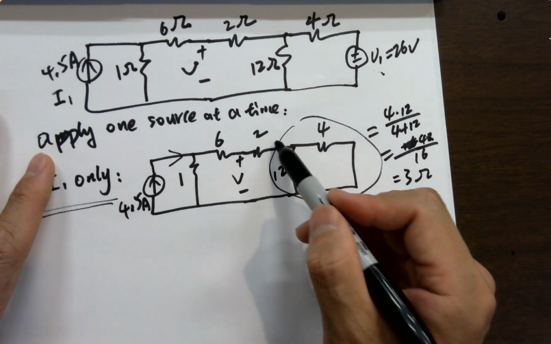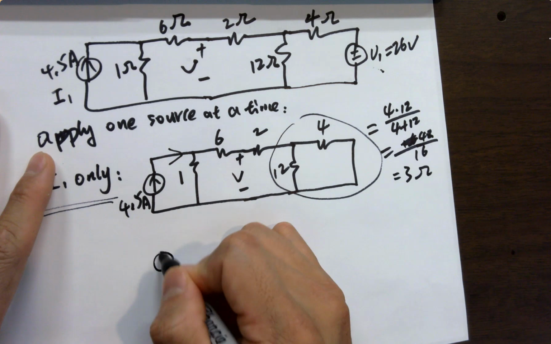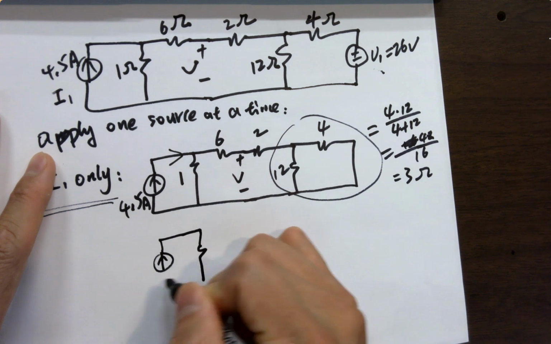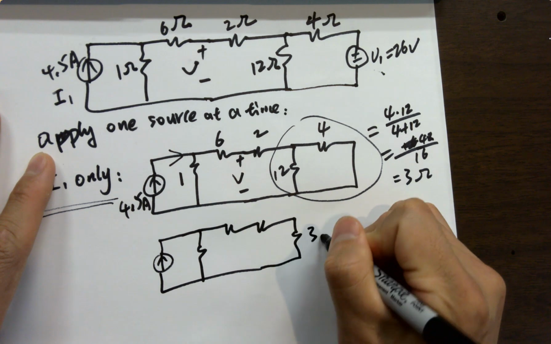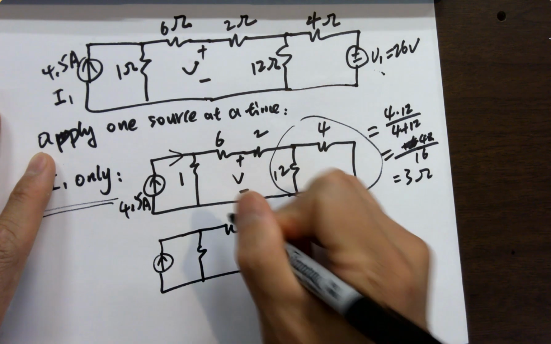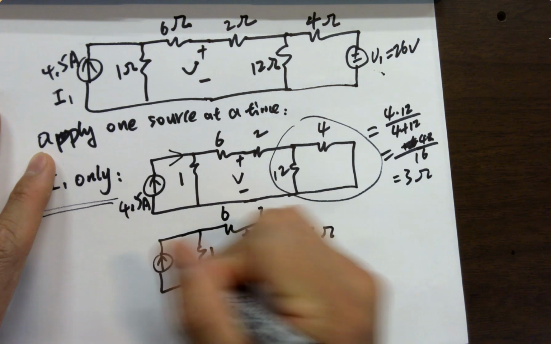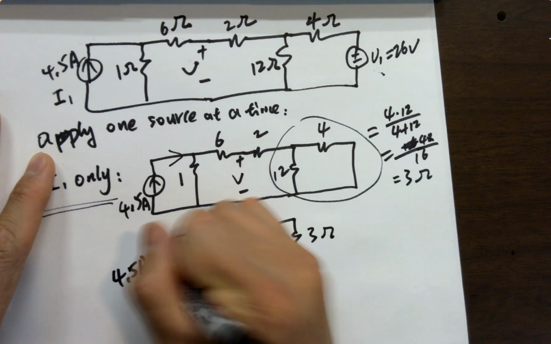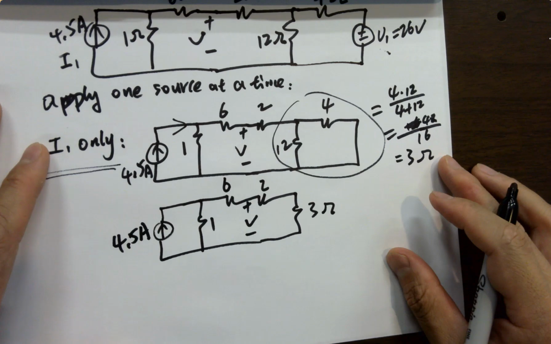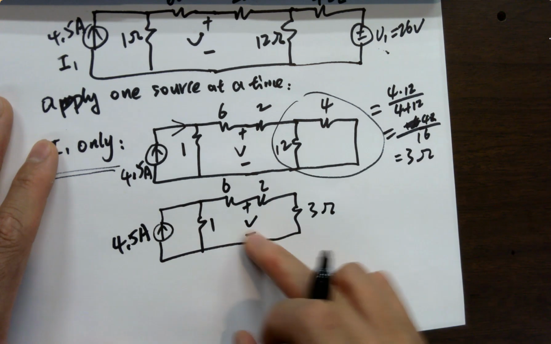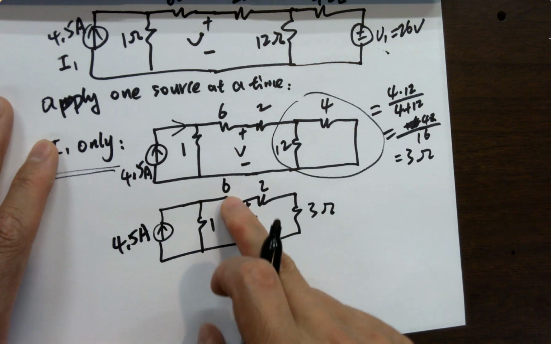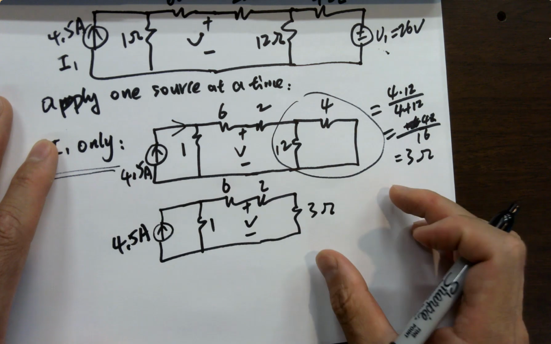So replace the whole thing here with the 3 ohm resistor. 2, 6. So you have to combine it, even though we have to split later, now we have to combine all the resistance in order to get the total voltage.